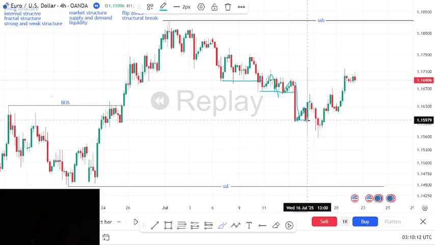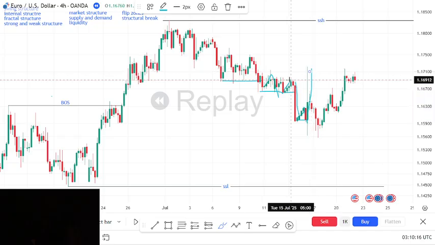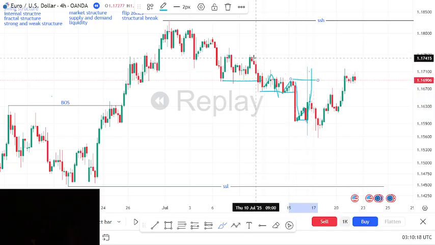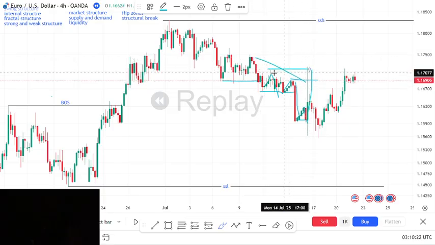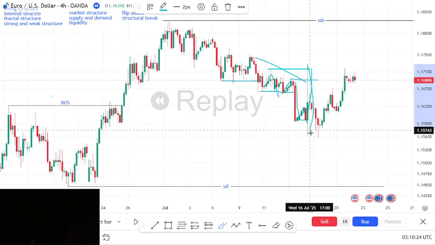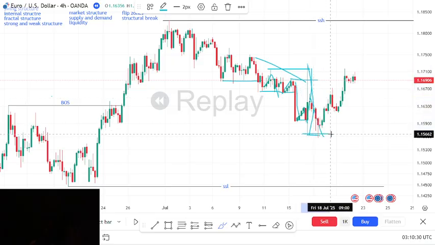You go this low, price pulled back impressively, grabbed all of this liquidity that is resting above this structure, and then we came to break below the low. When that happened, price came to the lows. You go below the lows, price pulls back.